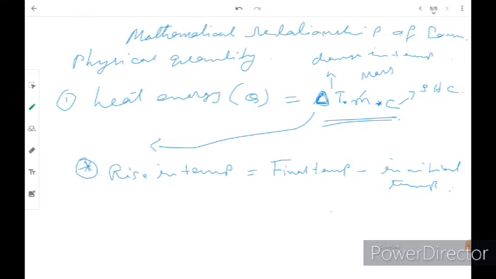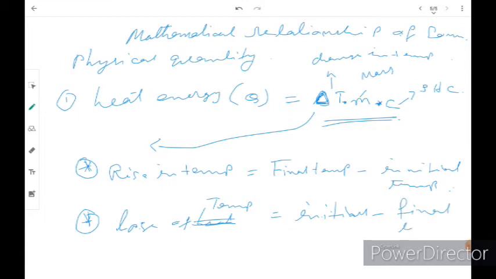And if there is a falling of temperature, or loss of energy, it will be initial minus final temperature. So just remember this.